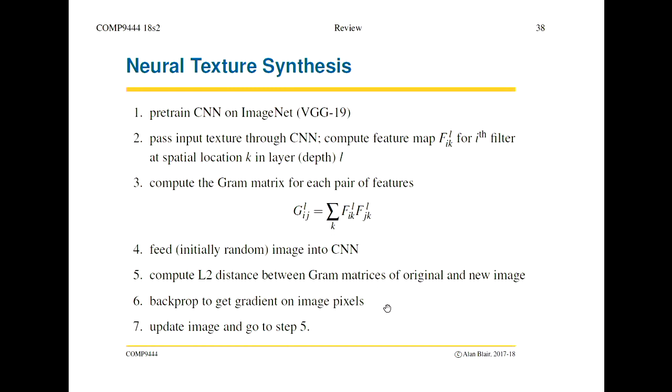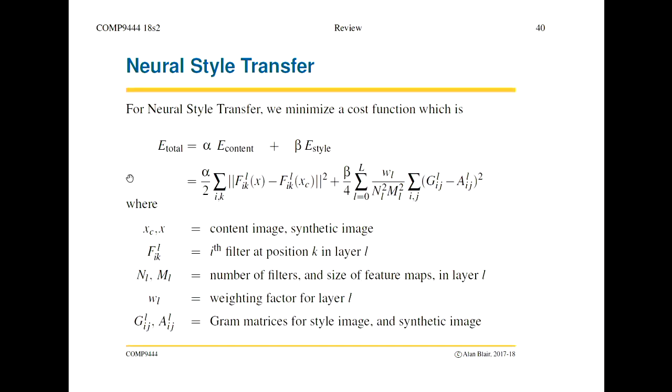Then backpropagation is done to alter the image itself in order to minimize this combination: the L2 distance to the content image plus the distance between the Gram matrix of the style image and the Gram matrix of the new image.